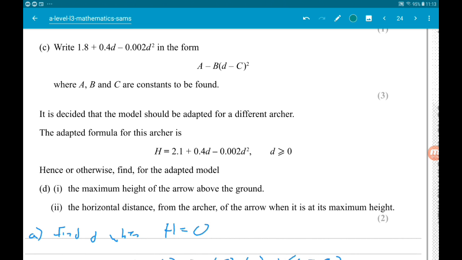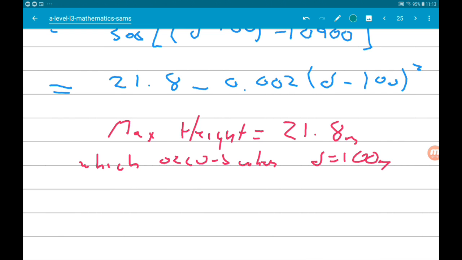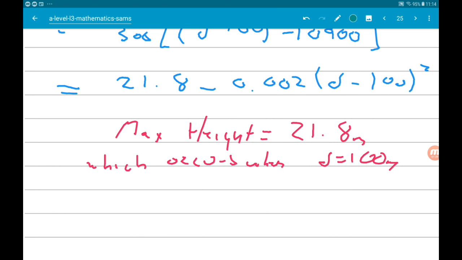All that we need to do is add on 0.3 to our maximum height that we found for the old model. So d bar 1 is just 21.8 add 0.3, which is 22.1 meters.